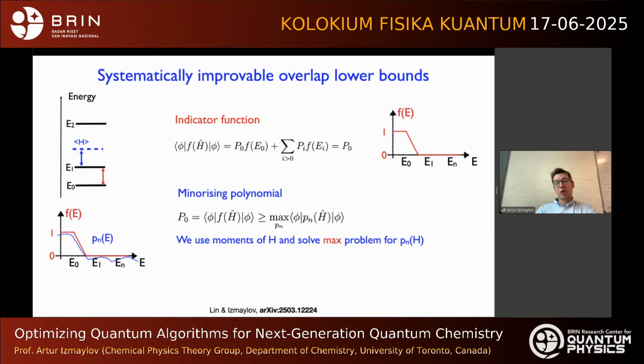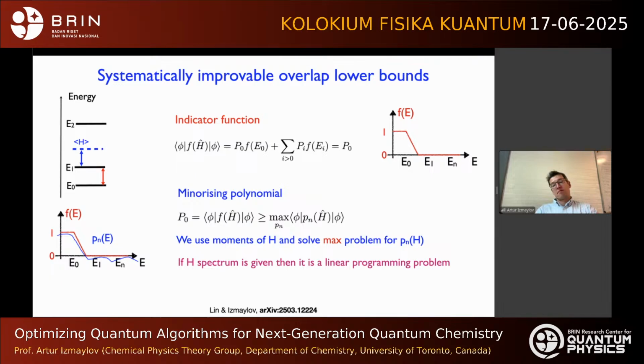Also this polynomial will be state specific. So for state phi, there will be a polynomial which approximates the indicator function the best from below. And so then if the spectrum of H is given, then it's really a linear programming problem, which guarantees a global minimum or maximum, right? So it's very easy.